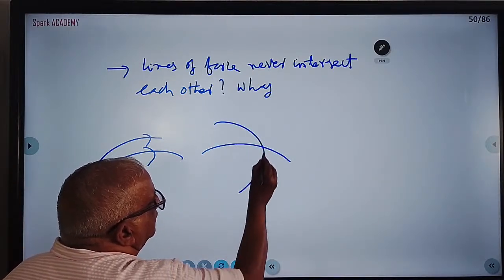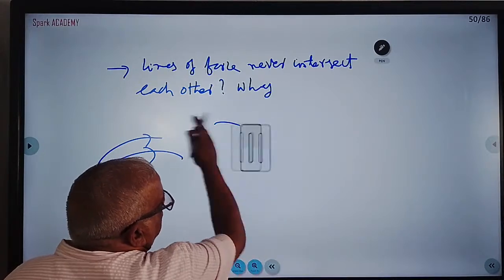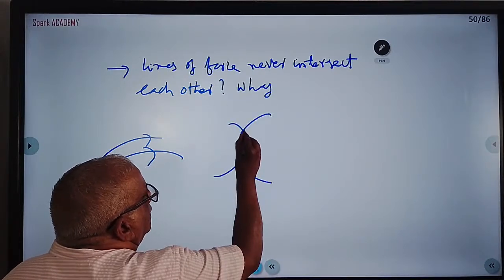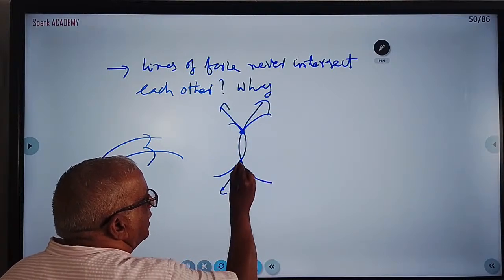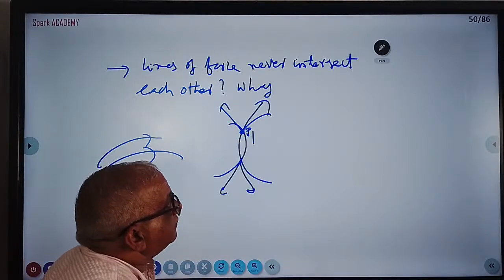If they intersect at the point of intersection, two directions you are drawing. Let us say P1 is the point of intersection.